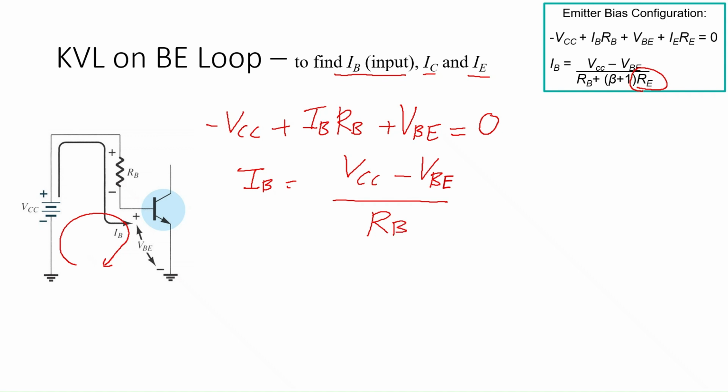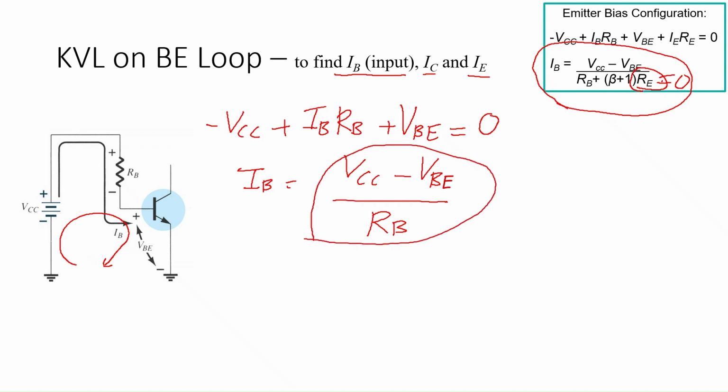If you look at the emitter bias configuration and substitute RE equal to 0, we get the same equation as this one. For IC, we can simply use IC equals beta IB, and for IE, we use the equation beta plus 1 times IB. So this is the KVL on the BE loop.